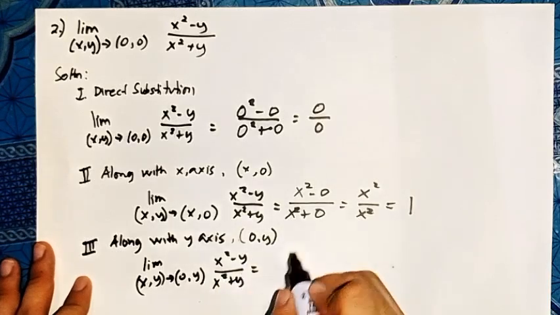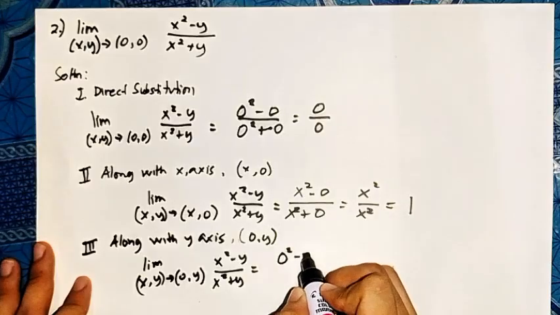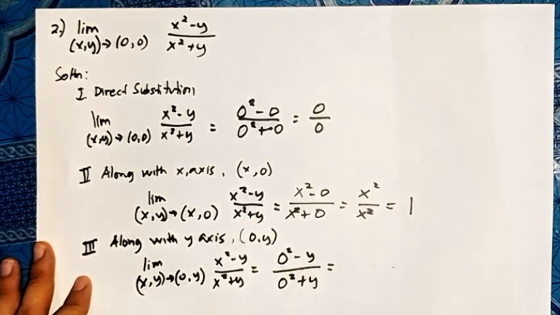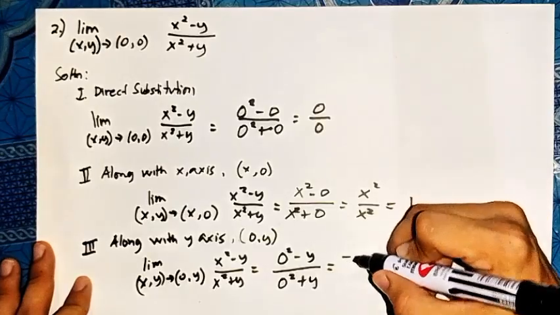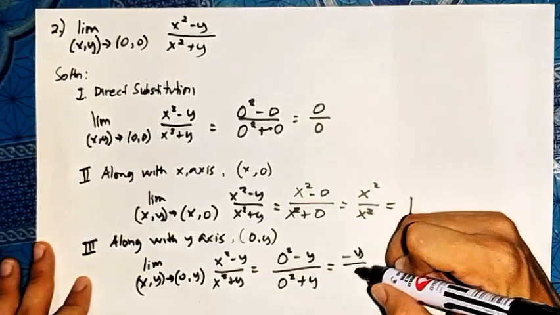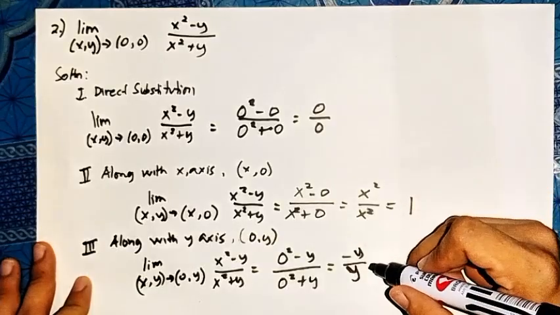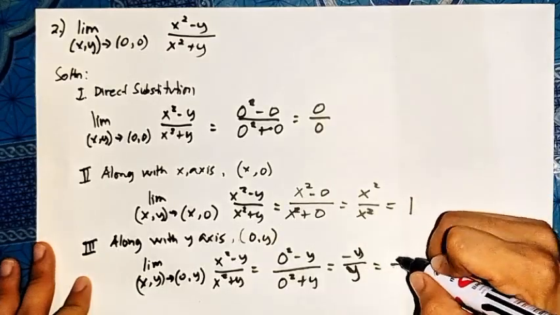Since our x now is 0, we have 0 squared minus y over 0 squared plus y, which is negative y over y, meaning negative 1.